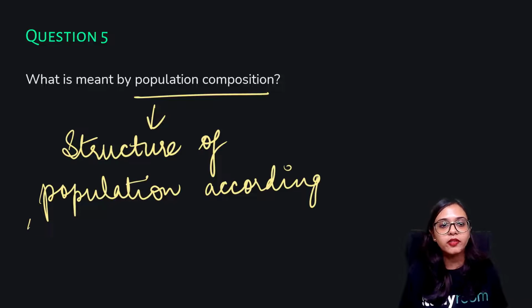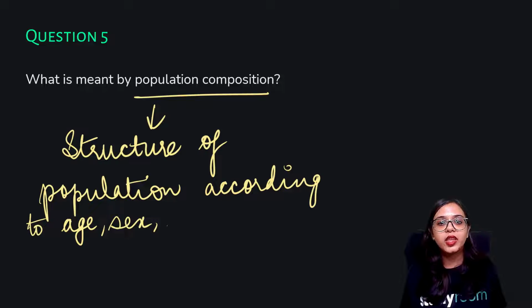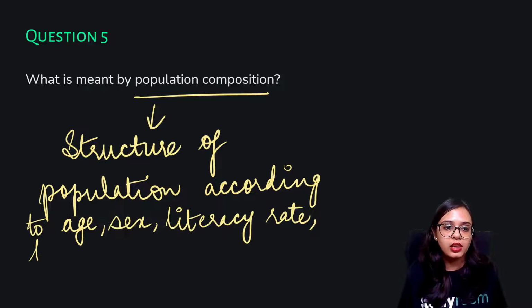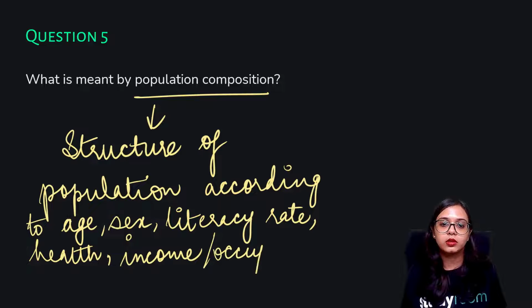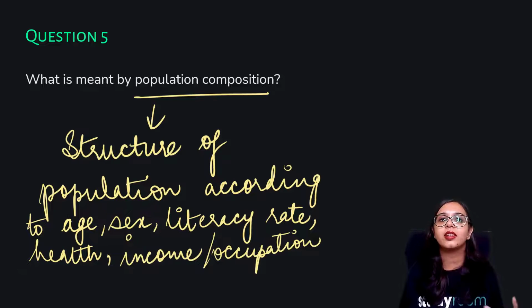The two important factors, definitely, are age and sex, but there are other factors as well, like literacy rate, like health of a particular individual, like income, or occupation. So education, housing, all of the factors that we just talked about, they're actually structural determinants of a population composition.